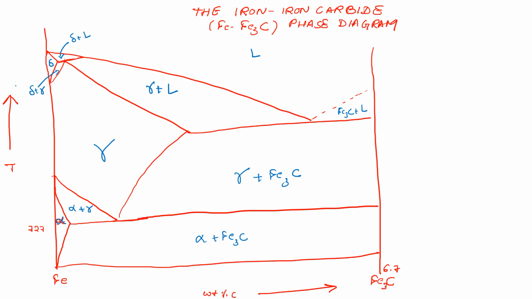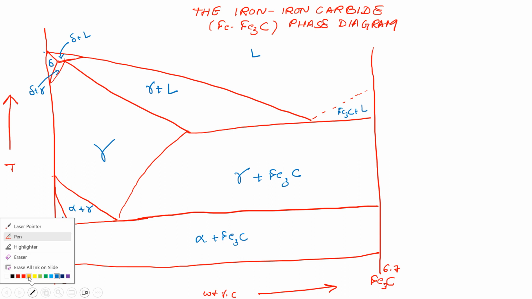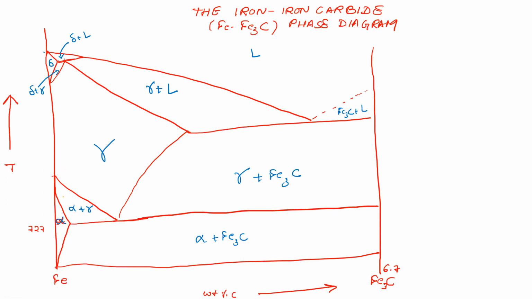We'll note down the various important reactions and temperatures that we can see in this diagram. This is at about 912 degrees centigrade, and this is almost 1400, and this is 1538.